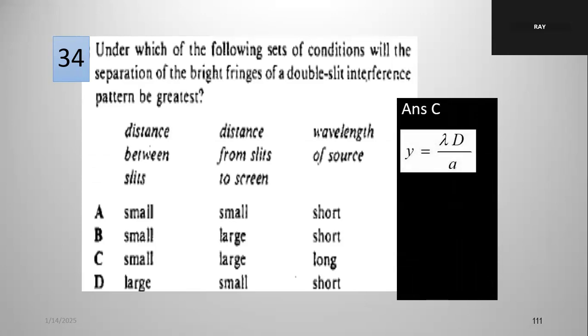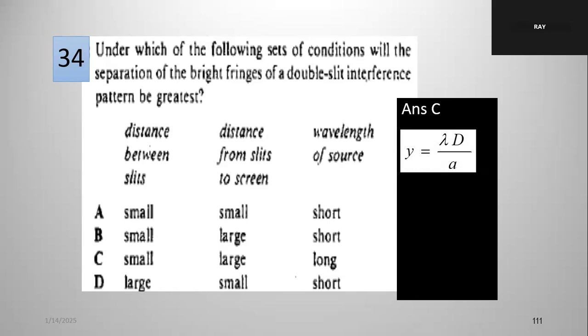The distance between the slits is capital D. It's directly proportional to D. The wavelength also.